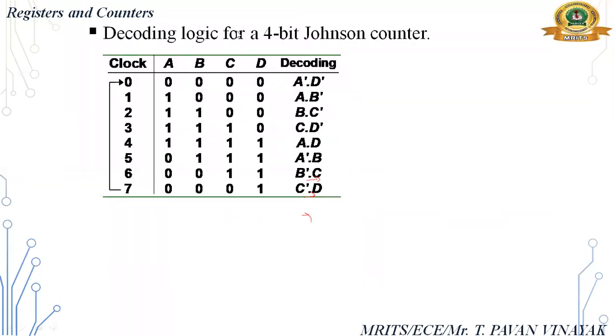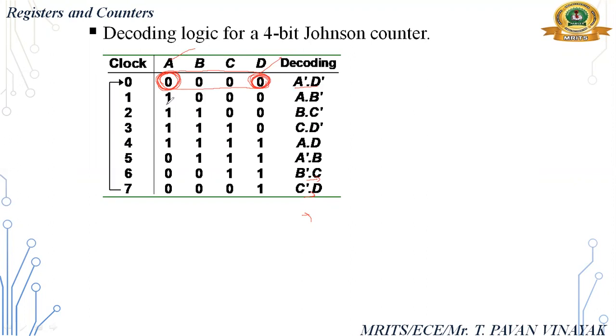This is the zeroth state. To identify the zero state, I am considering these two zeros, so A bar, D bar.